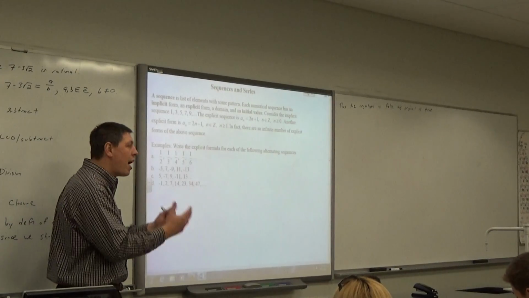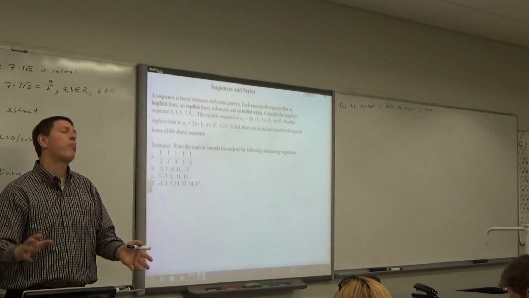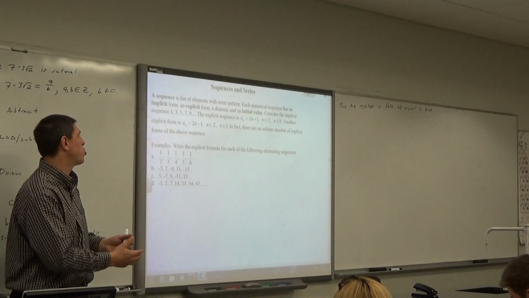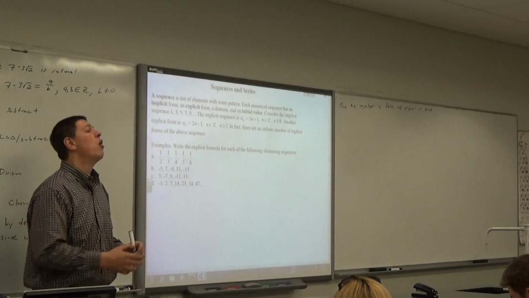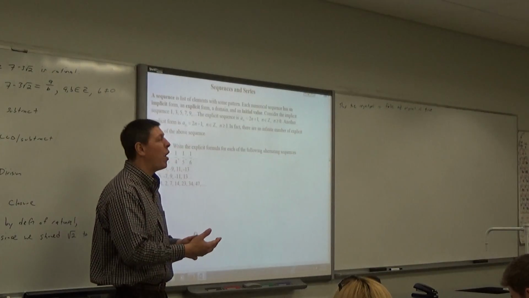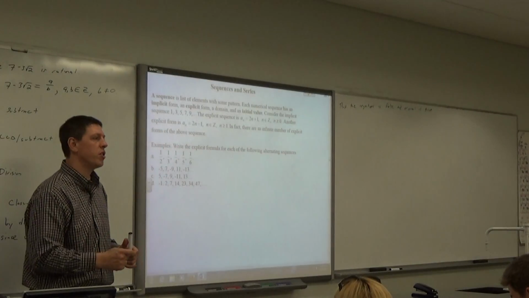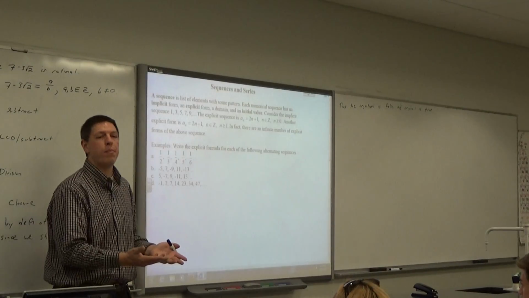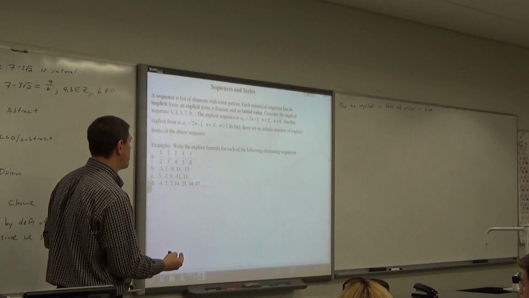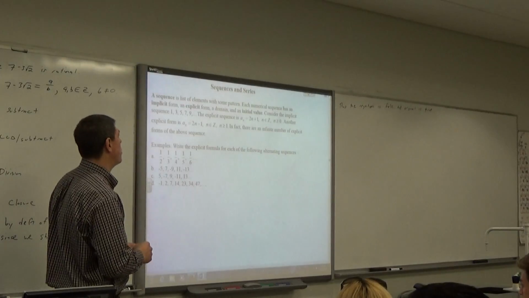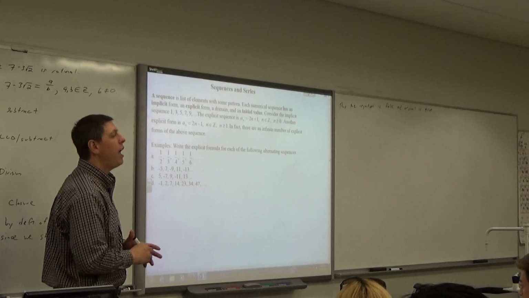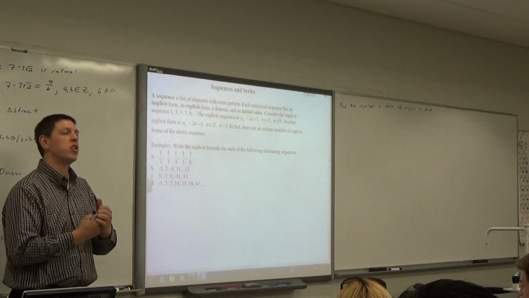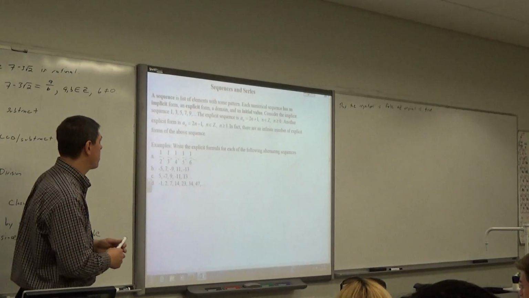It doesn't have to be numerical, but for us, we've probably utilized numerical sequences. Most of us are probably accustomed to arithmetic sequences. Arithmetic just means you keep adding a number to get there, but that's not the only type of sequence. There's geometric sequences, there's all kinds of sequences we can look at. In this class, we're going to stick to the two most basic ones, arithmetic and geometric, okay?